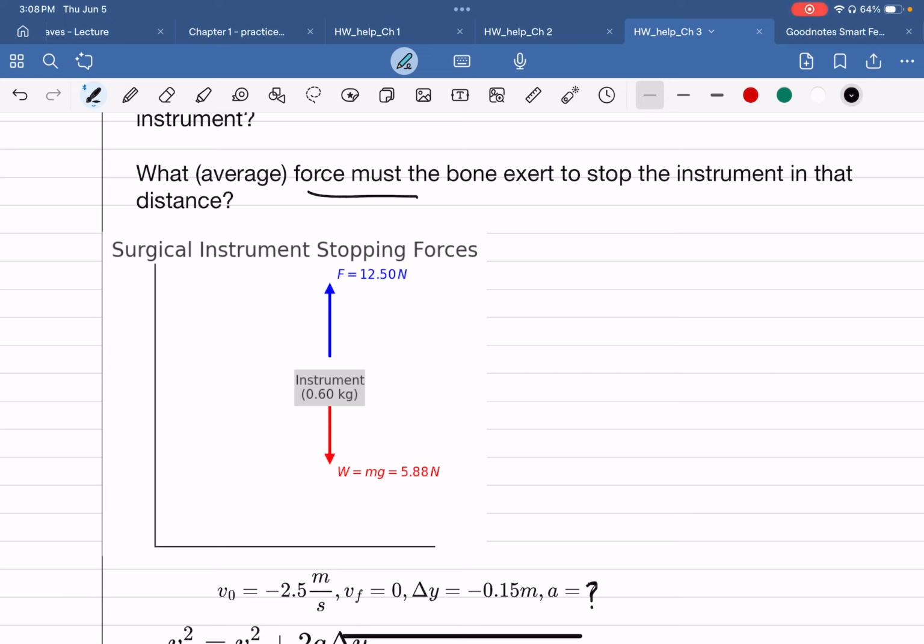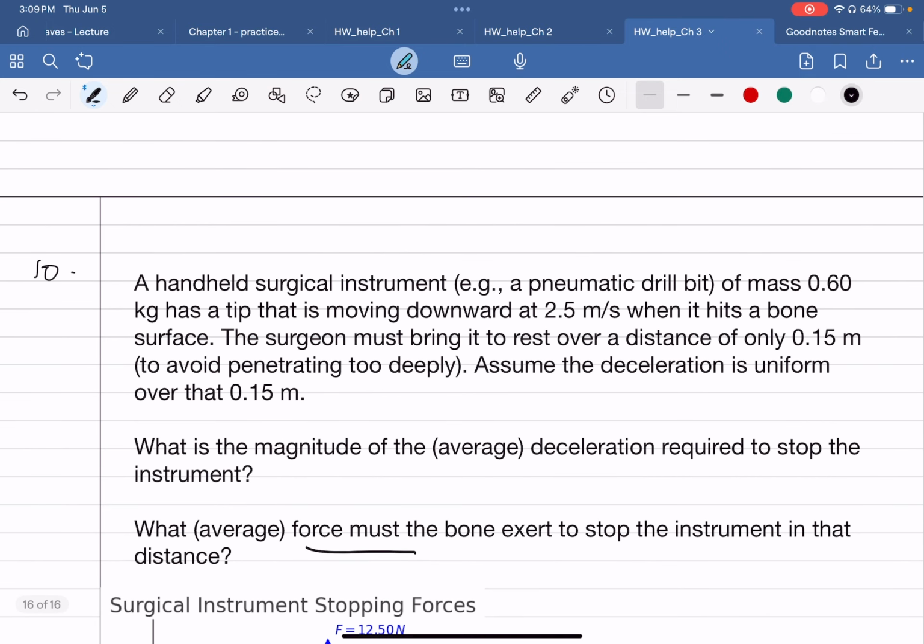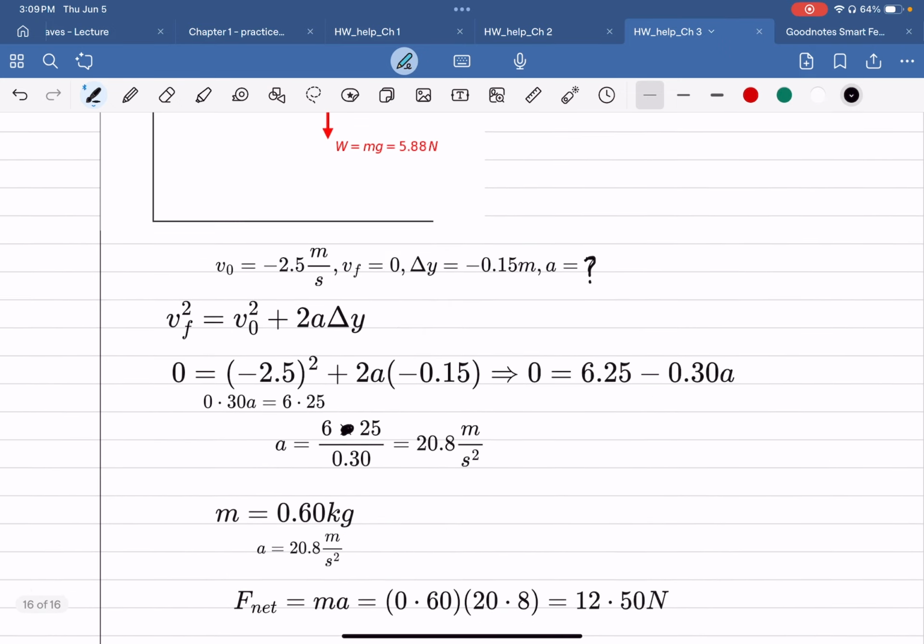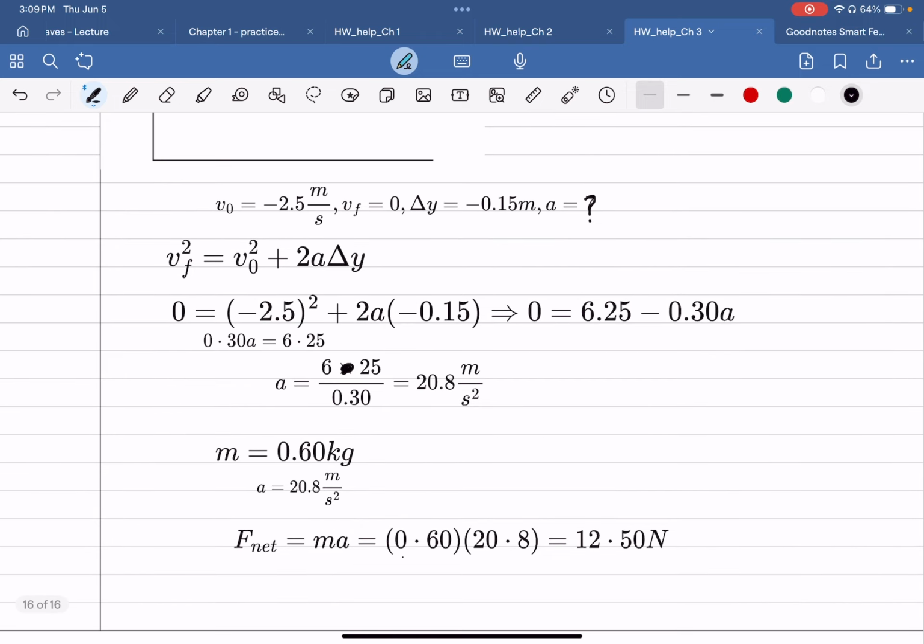Now, once you get the a, you just multiply it with the mass. What's the mass? Right here, 0.60. So multiply 0.60 kilogram by 20.8, and you get 12.50 Newton.